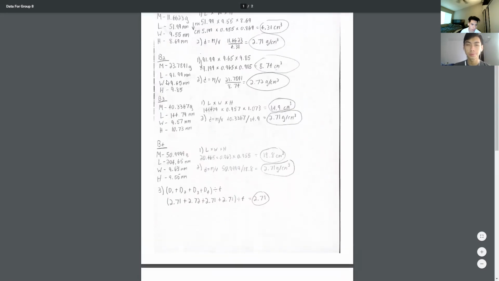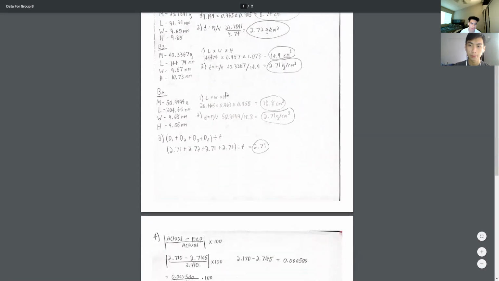And then for number 2, same thing, length times width times height. We're going to move the decimal place over 1, turn it into centimeters, and then multiply, and we get 8.74 centimeters cubed. For density, 23.7891 is our mass, divided by 8.74, and you get 2.72.